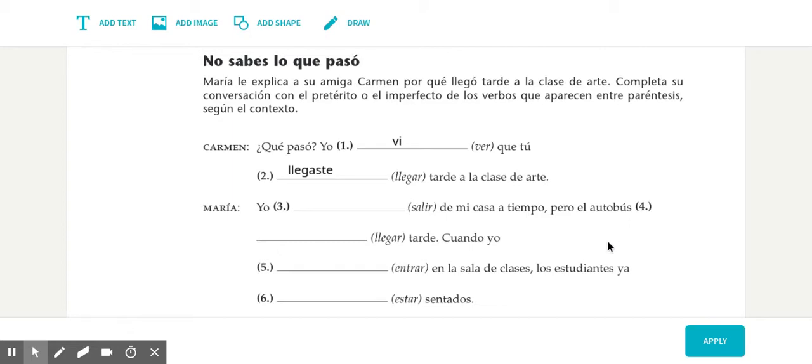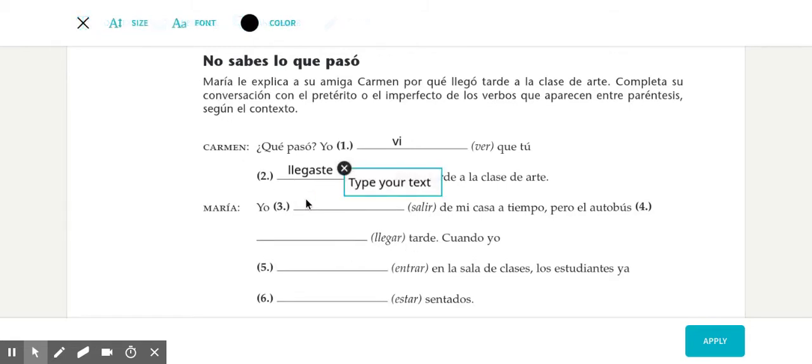María says yo, and then de mi casa a tiempo, pero autobús. Llegar tarde. So I left my house on time, but the bus came late. So she will say, so I came out of my house.